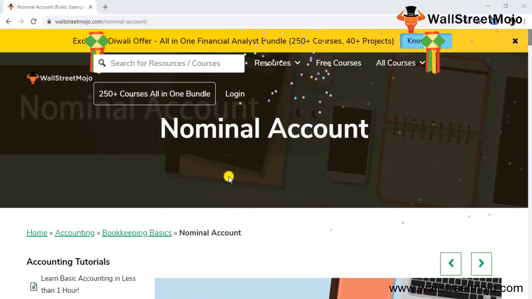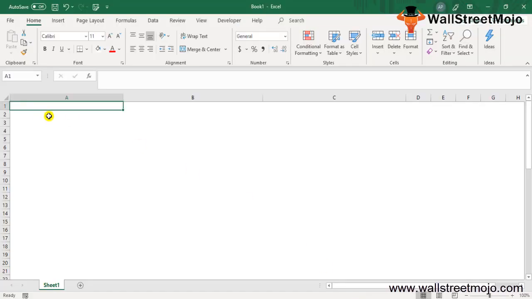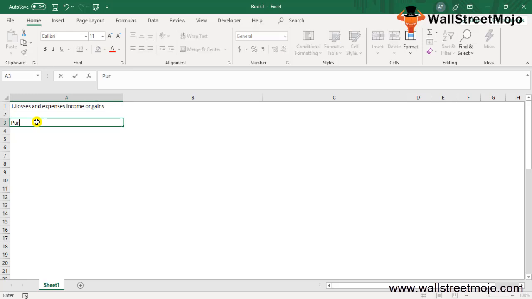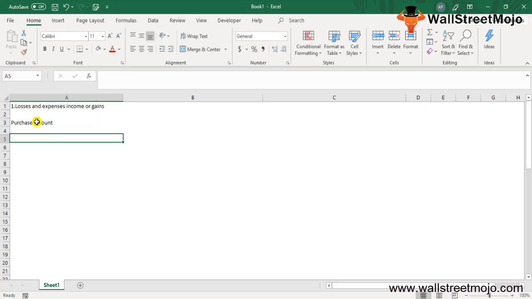So let's begin. Now, what exactly is a nominal account? Nominal accounts are the accounts associated with losses and expenses, or income or gains. The examples include purchase account, sales account, salary account, commission account.